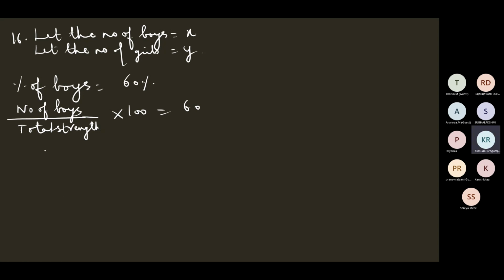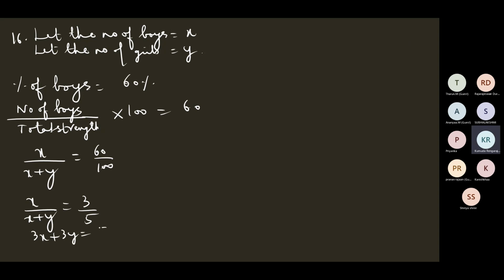So now number of boys X by the total strength X plus Y is equal to 60 by 100. So X by X plus Y is equal to 3 by 5. Cross multiply and you will get the first equation: 3x plus 3y is equal to 5x. So 5x minus 3x is 2x, and 2x minus 3y is equal to 0 is the first equation.